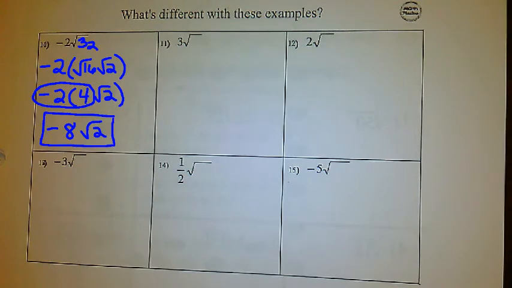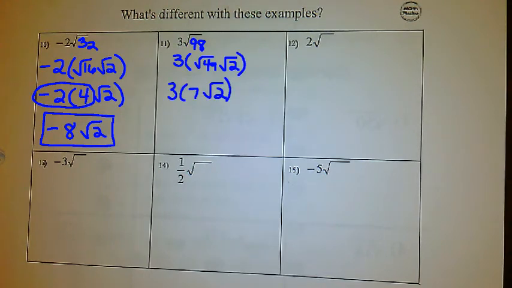So again, that number out in front, the coefficient, we keep it out front at first. This can be divided into 49 and 2. Simplify that, and then multiply your coefficients.